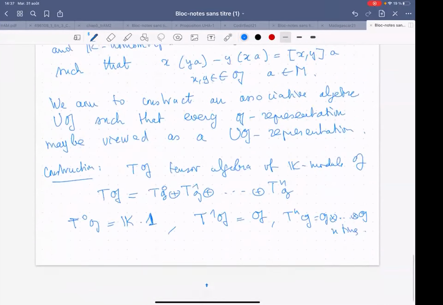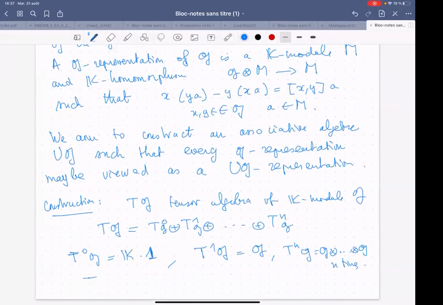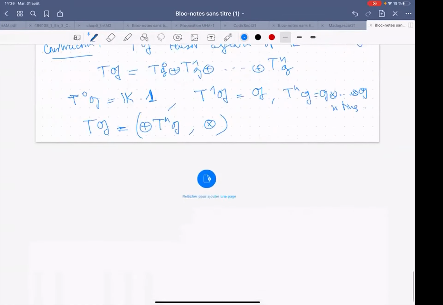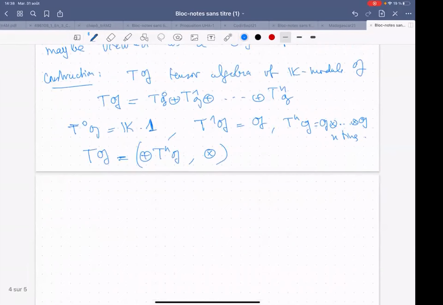Then TJ is an associative algebra, given by these sums of TnJ, and the multiplication here is the tensor product. Just by concatenation, we get a multiplication here, which is associative, of course, and then this TJ is endowed with an associative algebra structure.